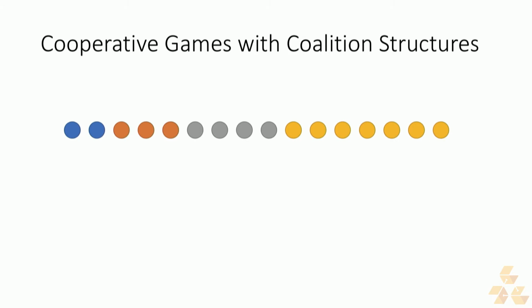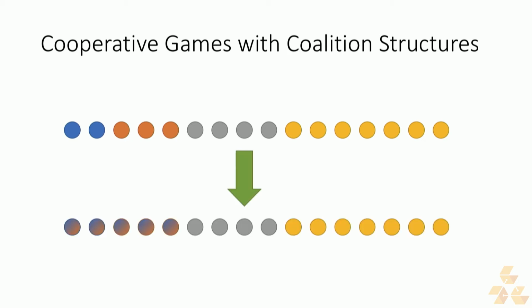Just to show it in a really simple example, let's say that we have a certain number of players. The colors here represent the current team, and we assume that the weight of every player is exactly the same. So right now, no matter how we share the reward among the players, the blue team and the orange team are better off merging and forming new teams, so we don't have any stable way to divide the reward for this coalition structure.